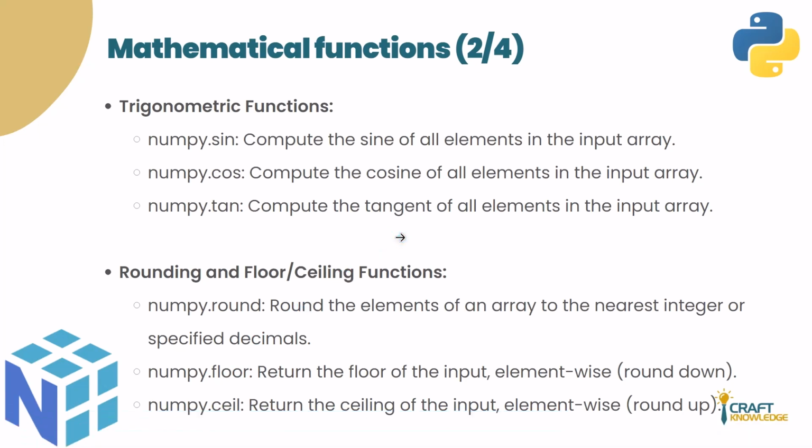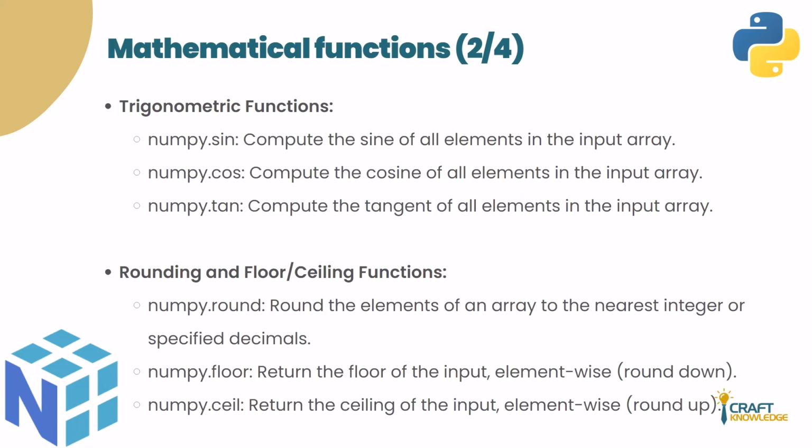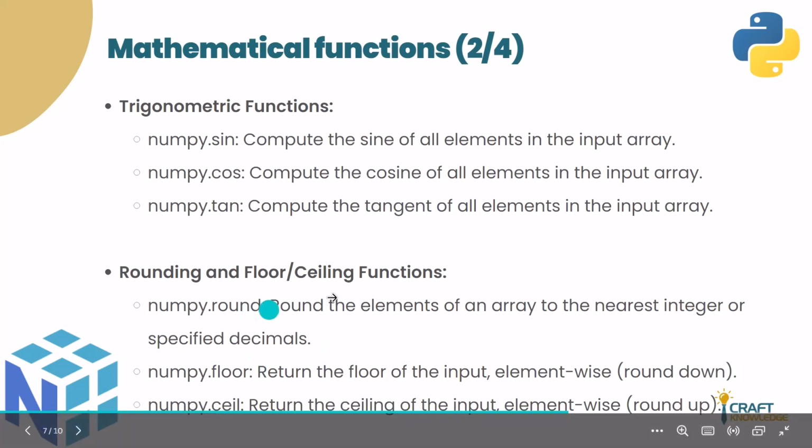So let's say if a number is 2.9, it will be floored, which means it will be reduced. And if you want to perform the dot ceil method, it will round up the number, which means that if a number is, let's say, 2.6, it will become 3. Right, so you can use these rounding and flooring methods on your own.